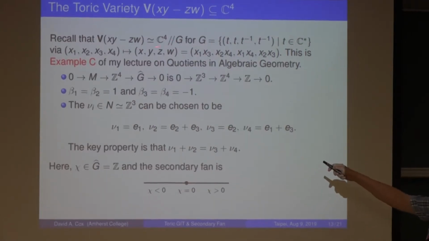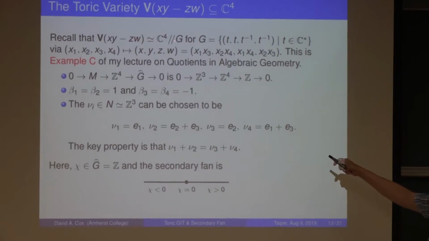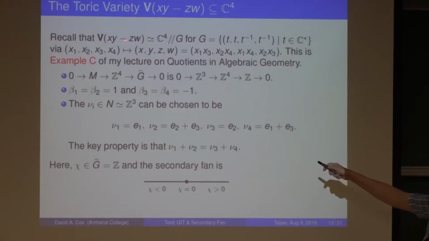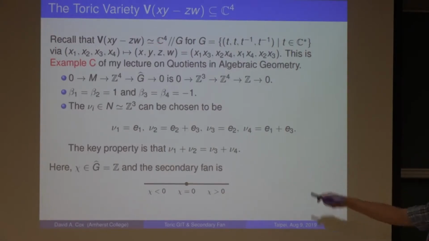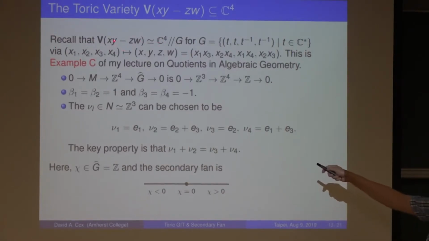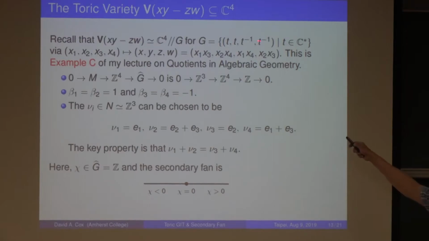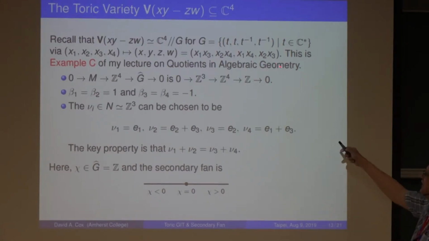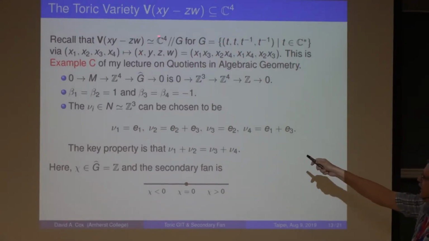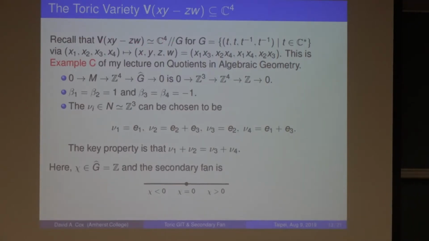And the question is where do we get this isomorphism? Well, the idea is we take this C4 with these coordinates, and I map it to another C4 with these coordinates, and I use this map right here because all these guys are invariant under the group action. But then of course, notice that X times Y is Z times W, and so that's where you get that this guy is actually that variety.